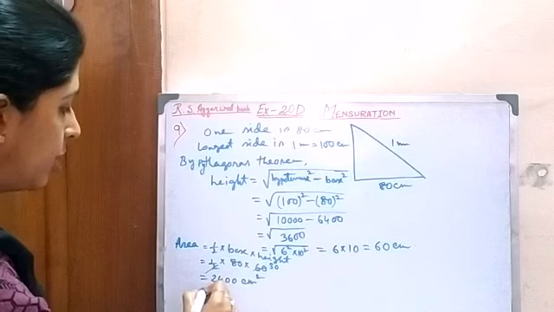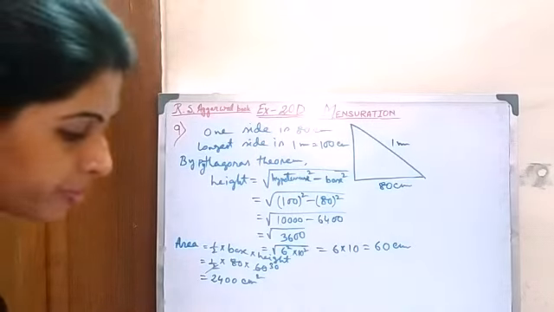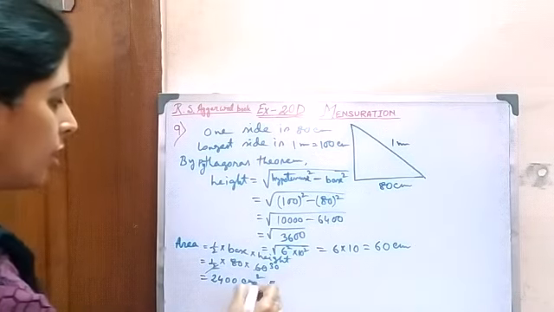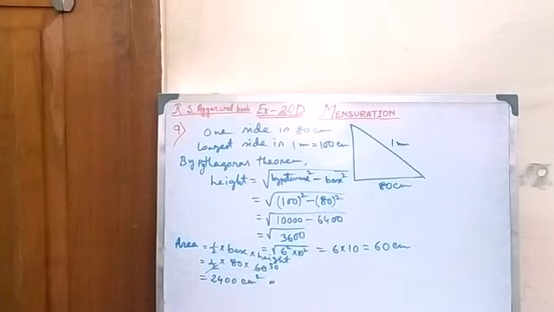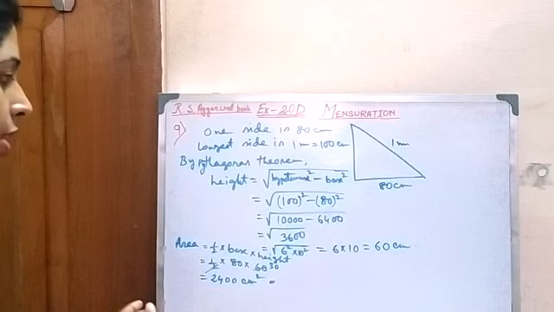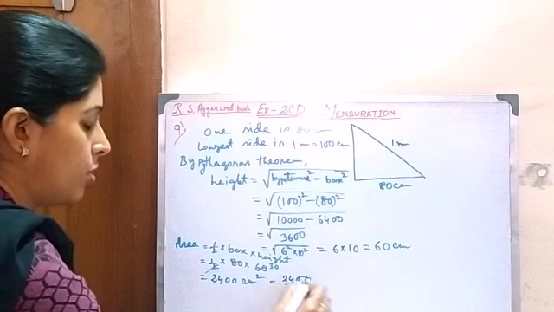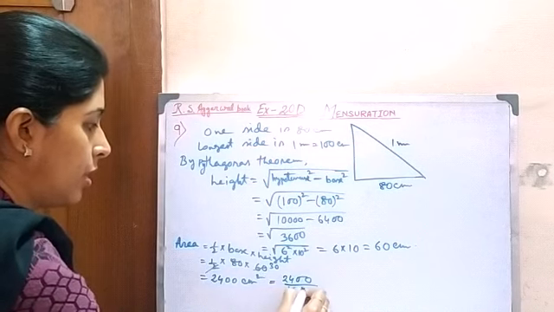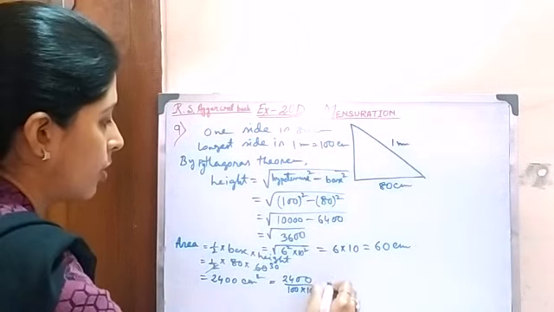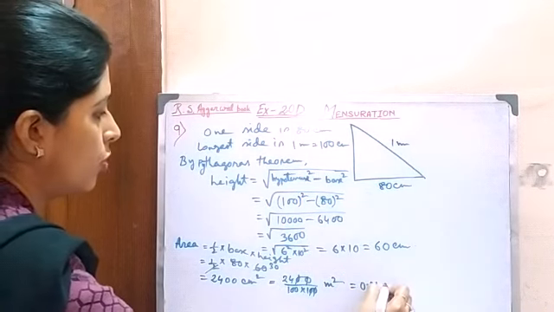Now it should be converted into meter square because the cost is given as rupees 250 per meter square. When we go from centimeter to meter, we divide by 100. So centimeter square is given here, so divide by 100 into 100. 2400 divided by 100 into 100 is 0.24 meter square.